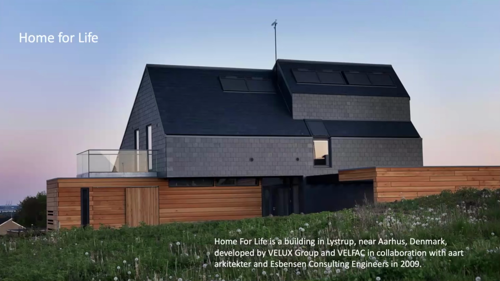But we have updated the building. So we have made small changes, especially in materials, to make sure that we can comply with the newer, stricter rules of the updated building codes in Denmark. This building was done by architects in collaboration with Espensen Consulting Engineers, and it's a really nice building.